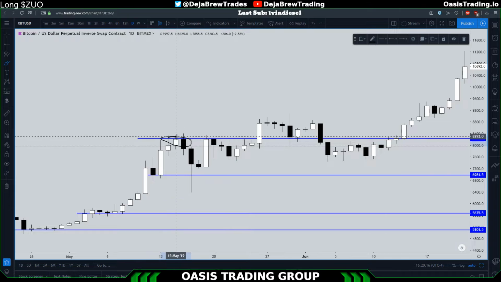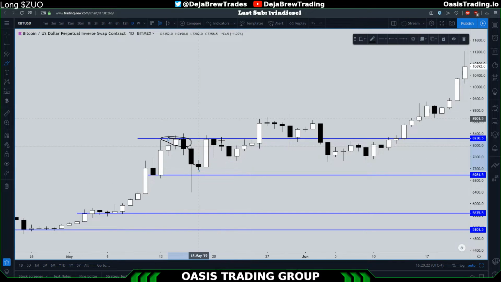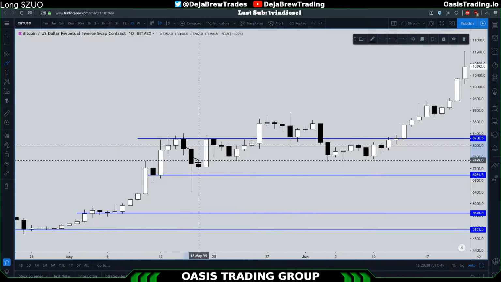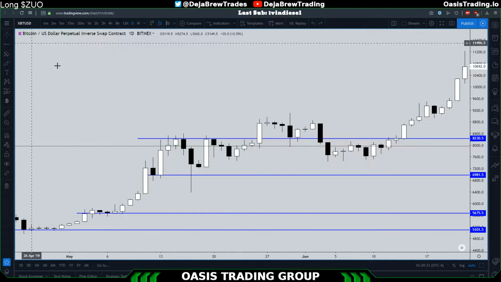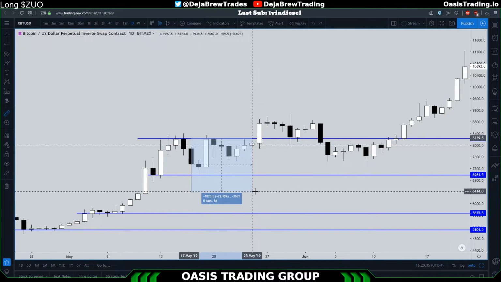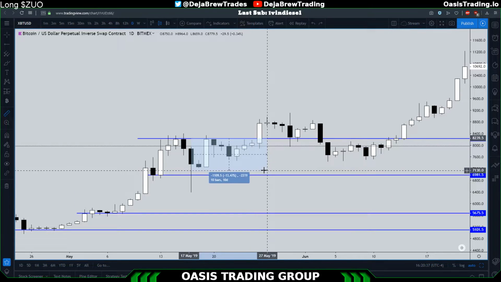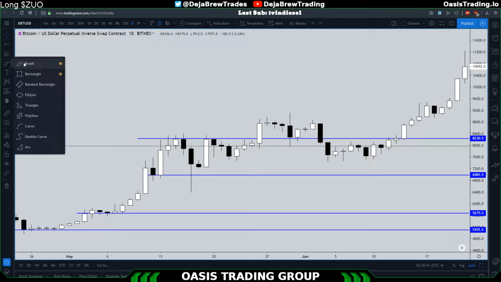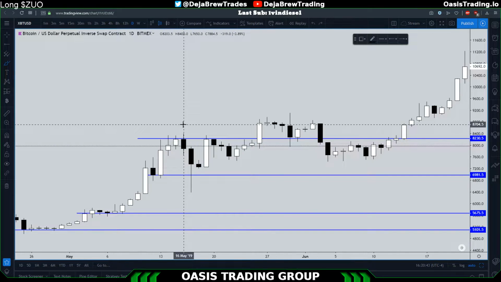You created your high here. You pulled back. You were not able to make a lower low. So you never started a downtrend here. This is another mistake a lot of traders make. So you see this strong sell-off here, about a 22% to 13% sell-off, which is very, very strong, especially on a daily.